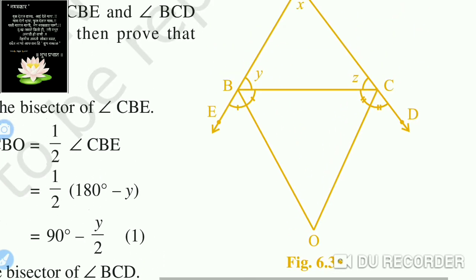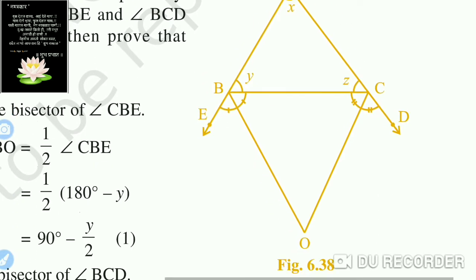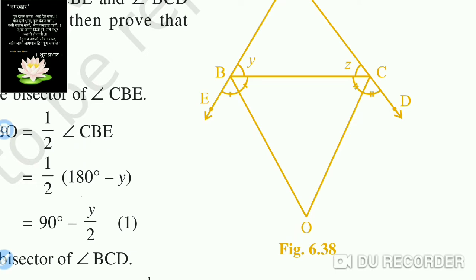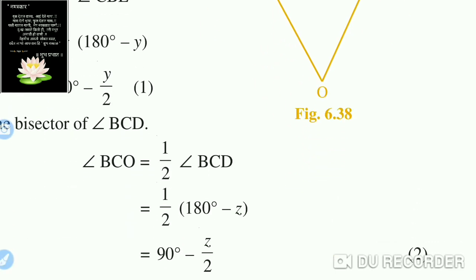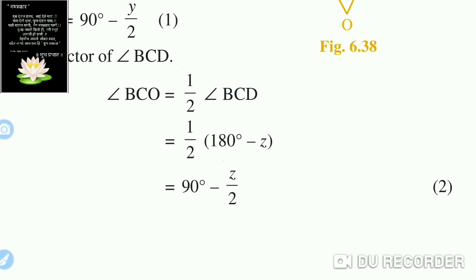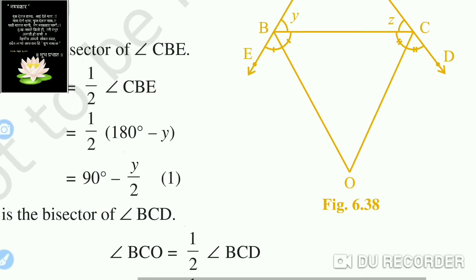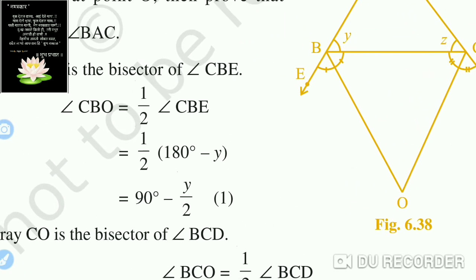So BCD plus BCA is equal to 180. So BCD is equal to 180 minus Z, because that measure is given as Z. Similarly 1 half into 180 minus Z, 90 minus Z by 2, that is called 2. So here we have got the measure of angle BCO and the measure of angle CBO.